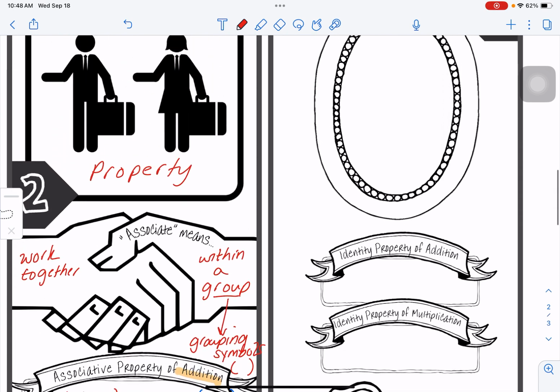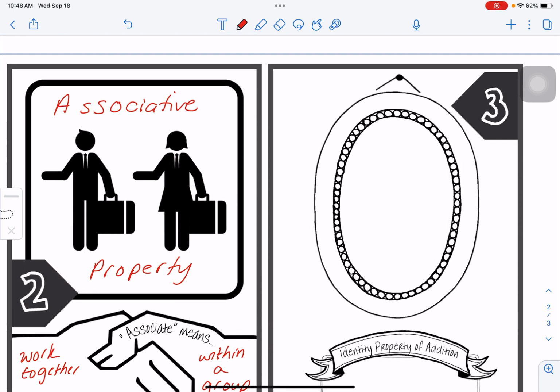Right. The last two properties, you know what this is here? That's supposed to be a mirror. When you look in a mirror, what do you see? You see yourself or you see your identity. So the next two properties that we're going to talk about are the identity properties.